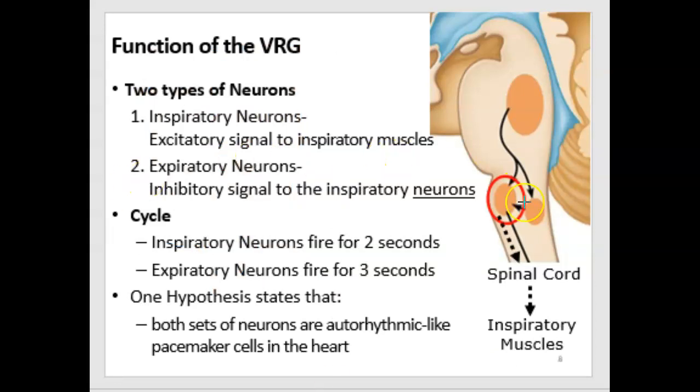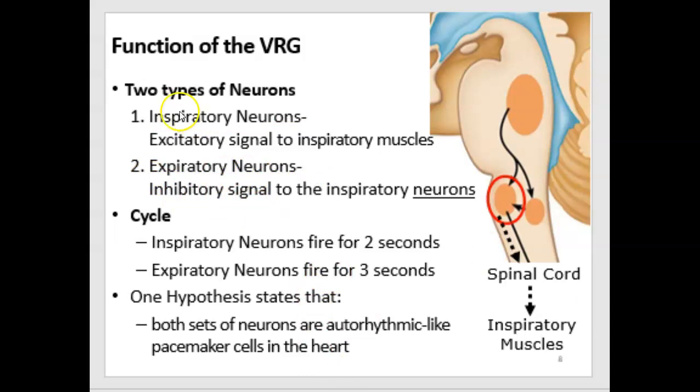So if we look at the VRG in a little bit more detail, and I have it circled in red here, we know that there are two types of neurons there. One type is called an inspiratory neuron. The other type is called an expiratory neuron.